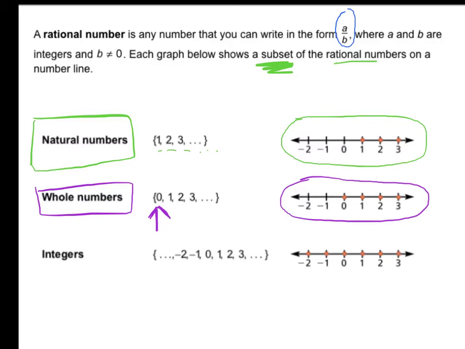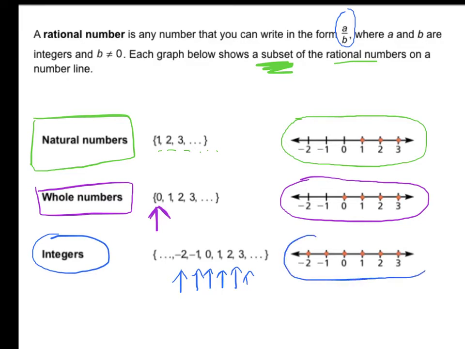Another subset of rational numbers are integers. And you can have negative integers like -2, -1, you can have 0, then you can have the positive integers 1, 2, 3, and so on. And here's what the integers look like on the number line.